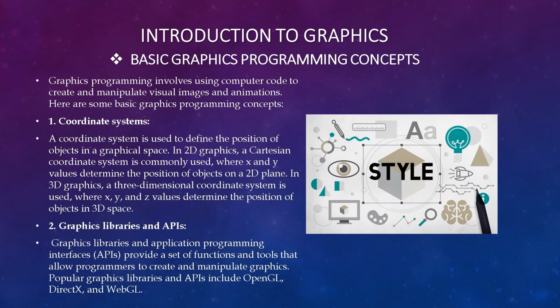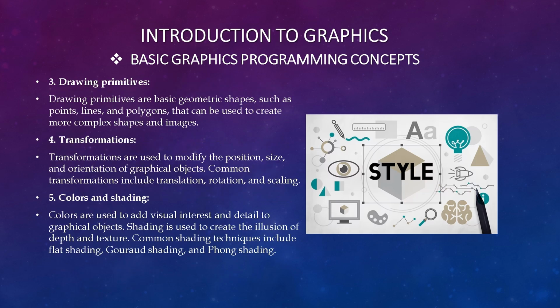2. Graphics libraries and APIs. Graphics libraries and application programming interfaces (APIs) provide a set of functions and tools that allow programmers to create and manipulate graphics. Popular graphics libraries and APIs include OpenGL, DirectX, and WebGL. 3. Drawing primitives.